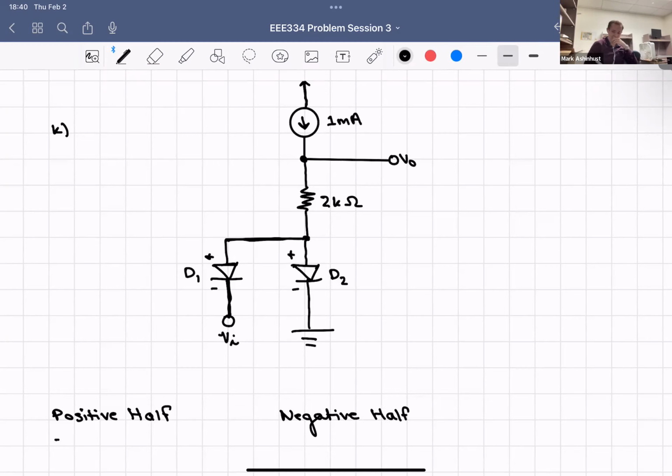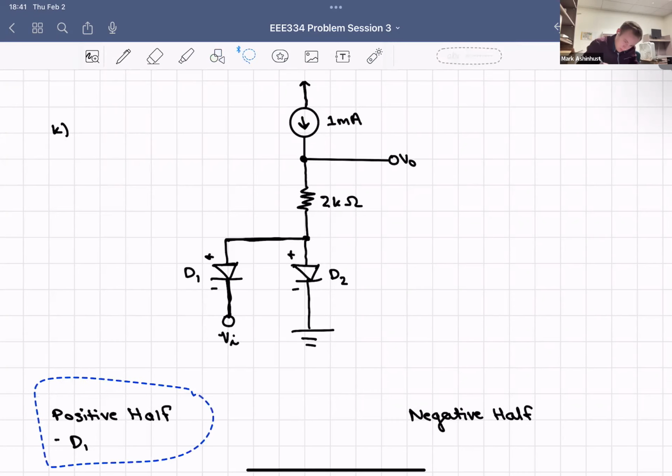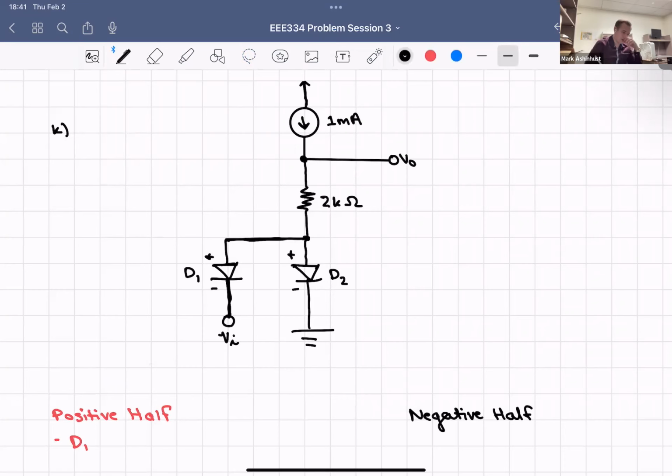So for a positive half, let's look at D1. Actually, what I'll do here is make this easier. So positive half, D1: is it forward biased or reverse biased? Let's look for a second.